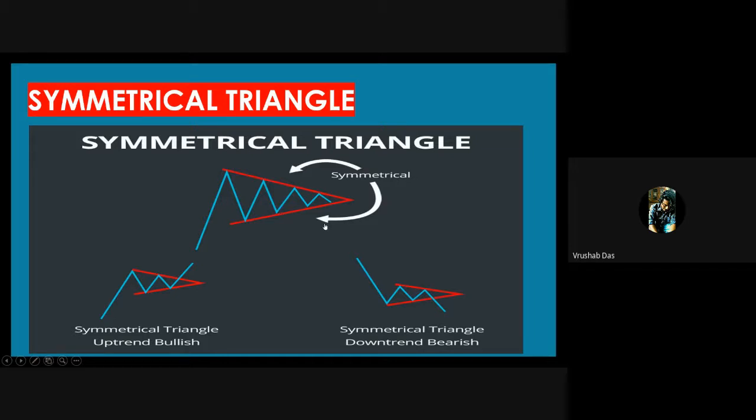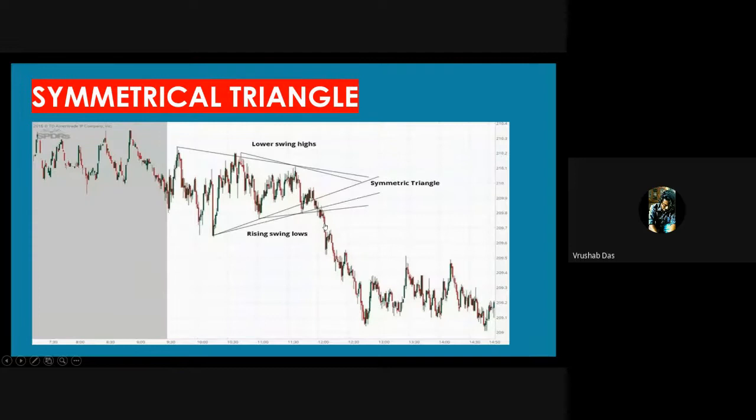And what are the triangle pattern time scales like? This is an example of a symmetrical triangle. You can see here the new lows are rising from the first point, the second point is higher than the first point, and the third point is higher than the second point.